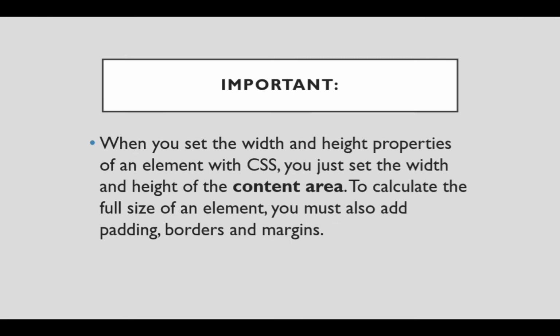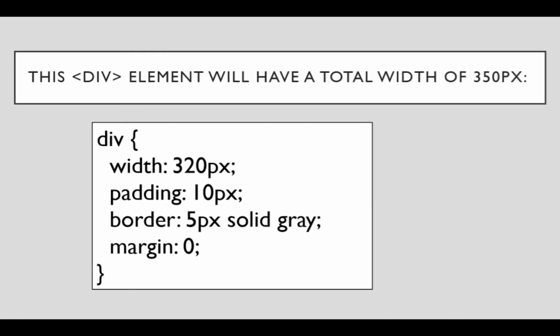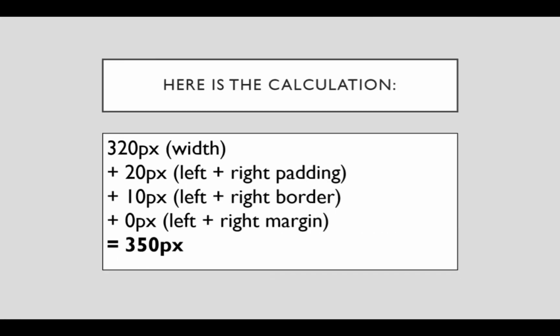To calculate the full size of an element, you must also add padding, border and margin. For example, here the div element will have a total width of 350 pixels. How is the total 350 pixels? Here we have written width 320, padding 10, border 5 pixels of gray. So here is the result.